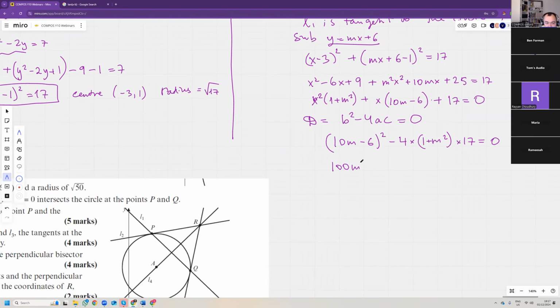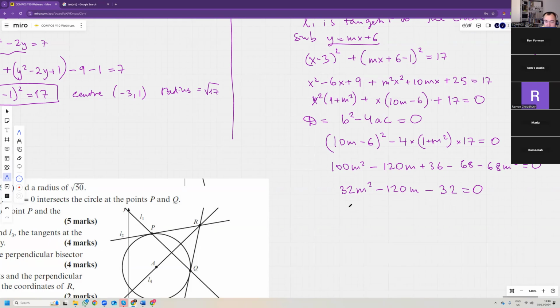That is 100 m squared minus 120 m plus 36 minus 4 times 17, that's 68, minus 68 m squared must equal 0. 100 minus 68 is 32 m squared minus 120 m minus 32 must equal 0.